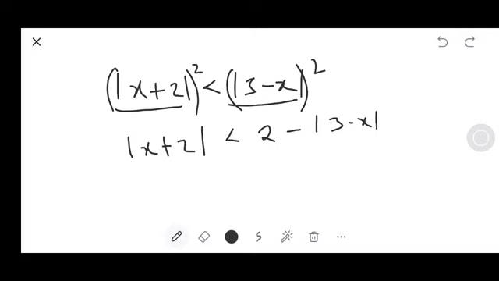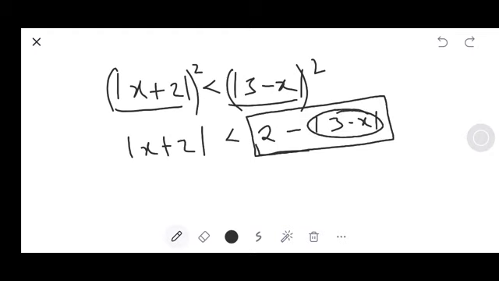Because you do not know whether this guy here is positive or not. Because if what we have inside this place is positive and is bigger than 2, this whole thing will become negative, and it will ruin a lot of things. So we cannot square both sides in that instance.